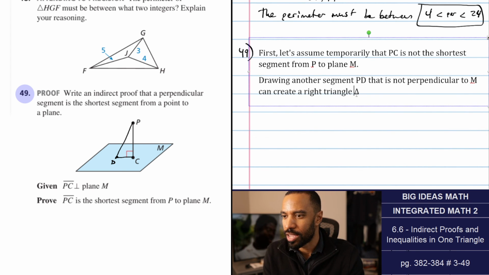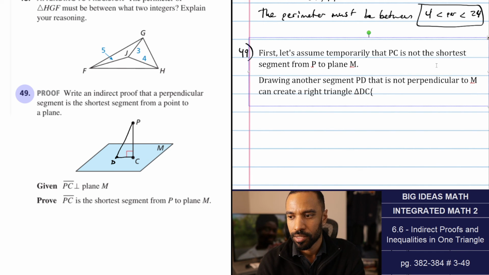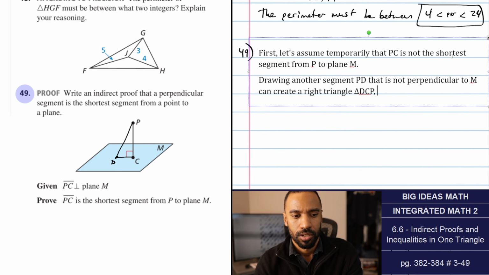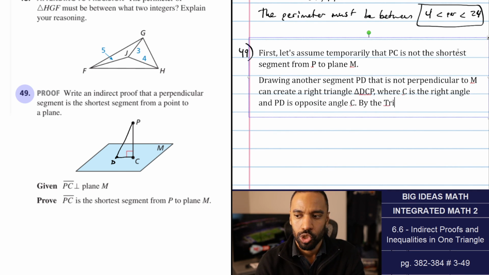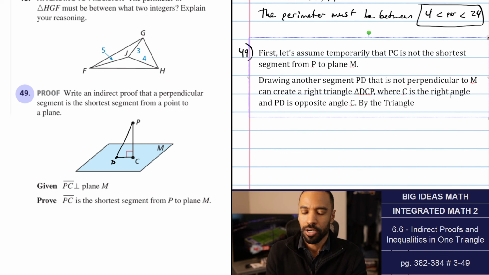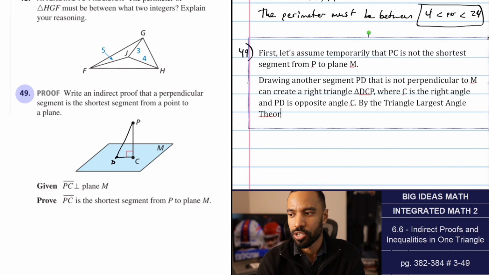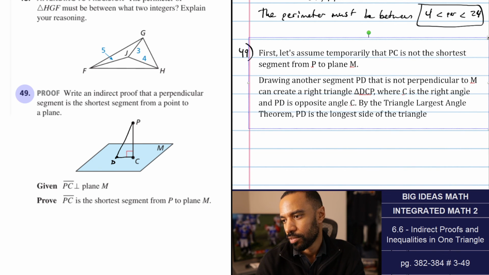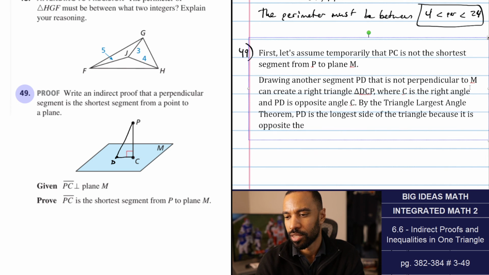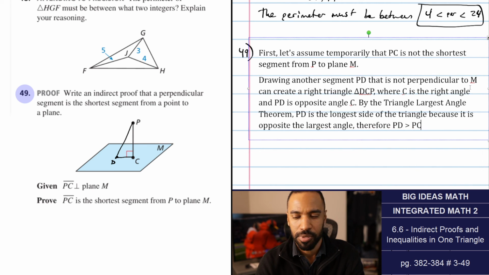Triangle DCP, where C is the right angle and segment PD is opposite angle C. By the largest angle theorem, I believe it's called, PD is the longest side of the triangle because it is opposite the largest angle. Therefore, PD is greater than PC.